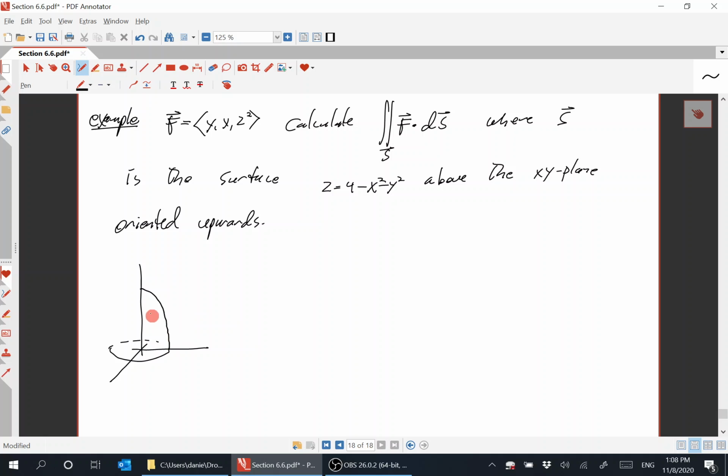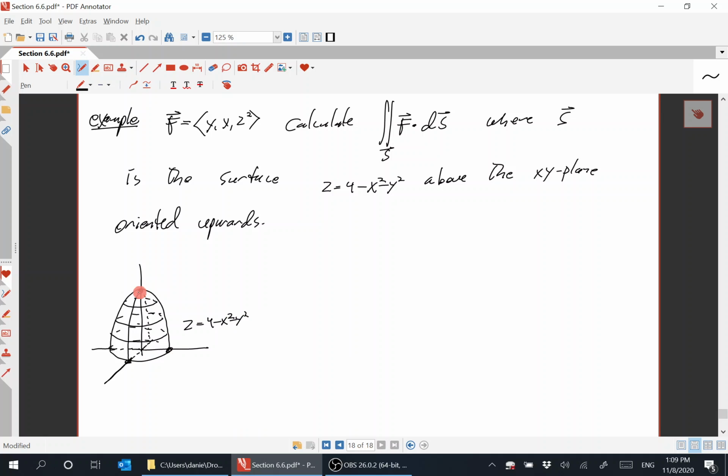We have the parabola pointing downward, right, so this is the surface z equal to 4 minus x squared minus y squared.